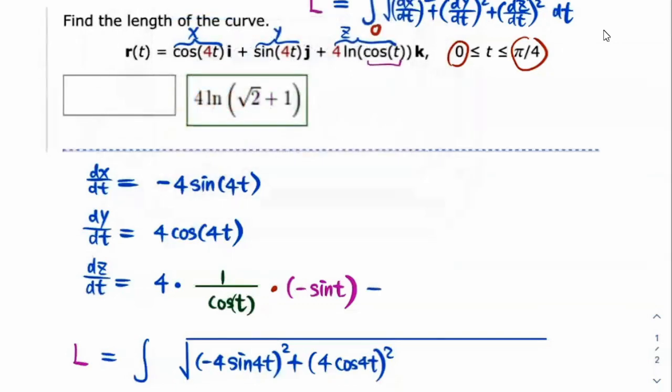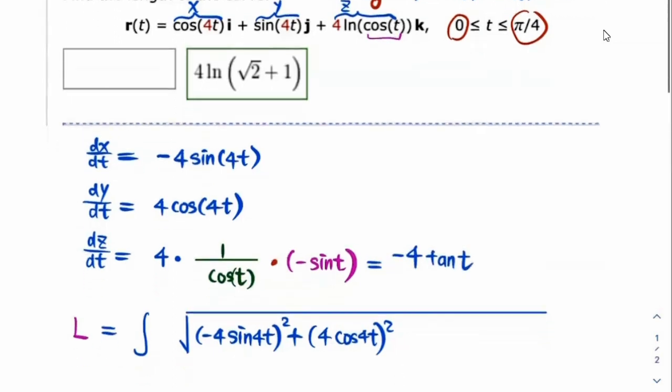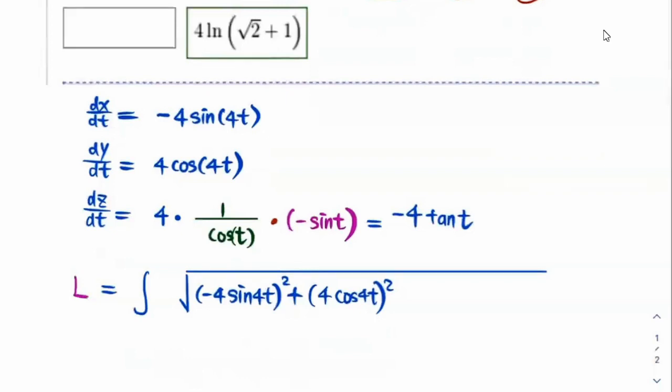So this is going to be negative 4 tangent of t, plus negative 4 tangent of t, and then square. And then dt, t goes from 0 to pi over 4.